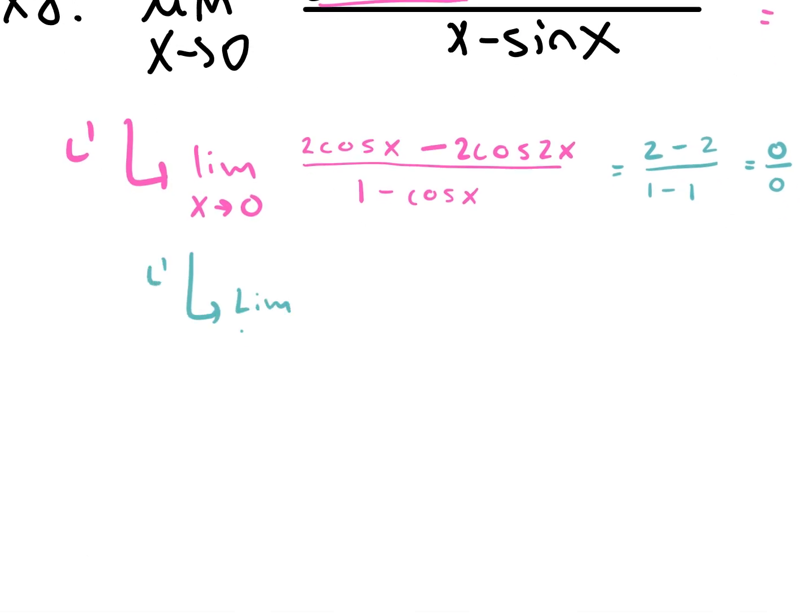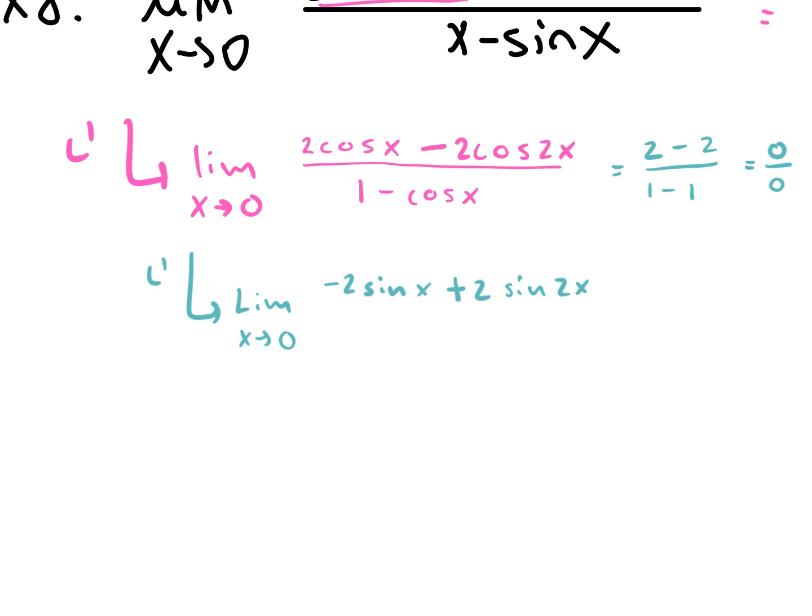So the limit as x approaches 0 now. What is the derivative of 2 cosine of x? Negative 2 sine of x. Perfect. Then we have minus 2 times derivative of cosine of 2x would be negative sine of 2x. So I'm going to make this positive. Sine of 2x times what? We got to use the chain rule.